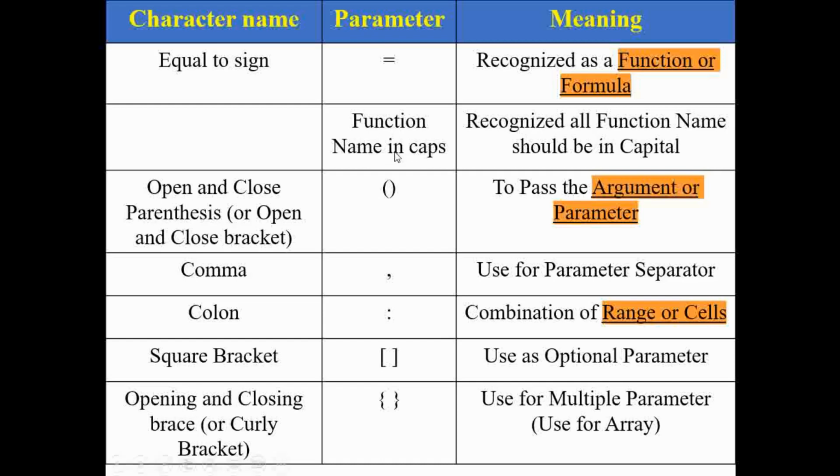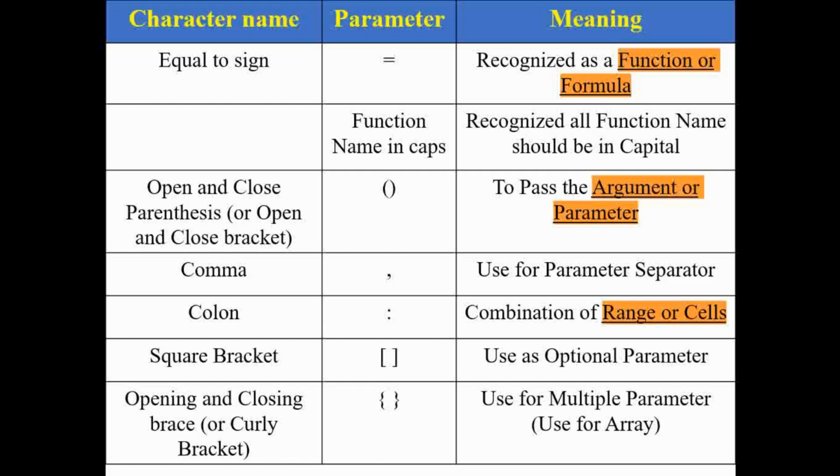While entering the particular function name, we always have to enter it in capital letters, so all function names should be in capital. The third thing is the open bracket and close bracket, also called parentheses. Within those brackets only we pass the argument or parameter, that is, we mention the task.